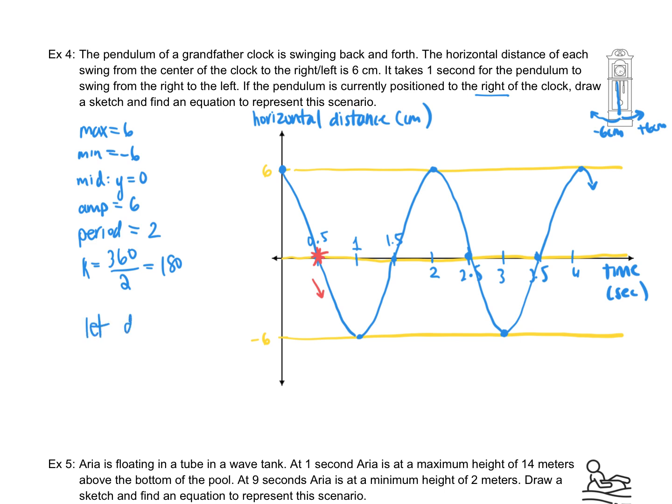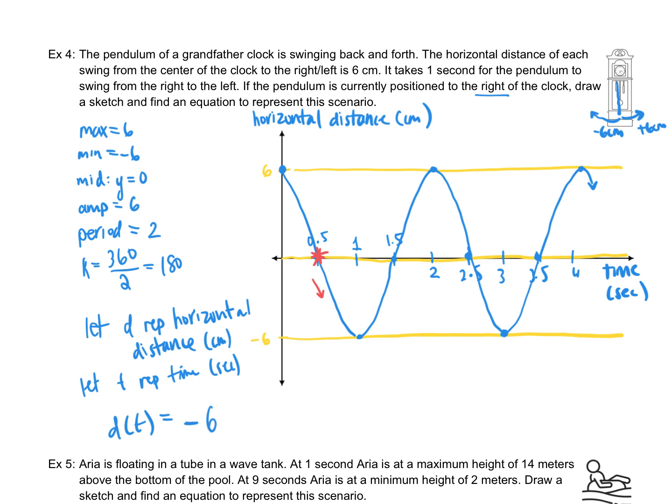And I'm going to write let D represent the horizontal distance, in centimeters, and let T represent time in seconds. So D at T equals, based on my starting point, I have a reflection because we head down to the minimum. The amplitude is 6.